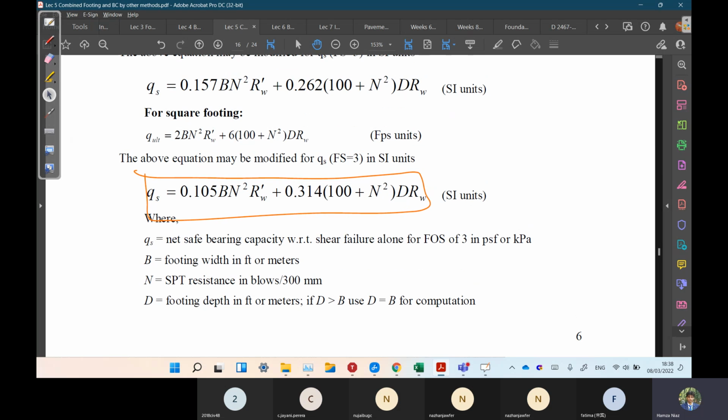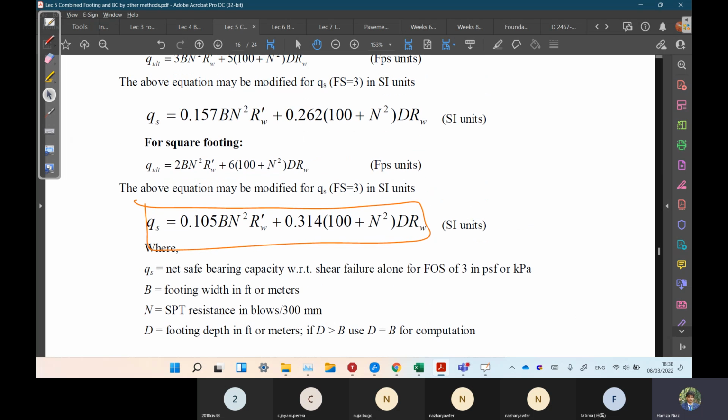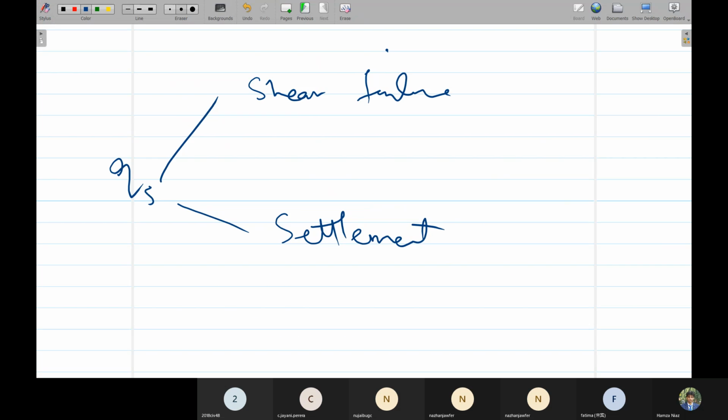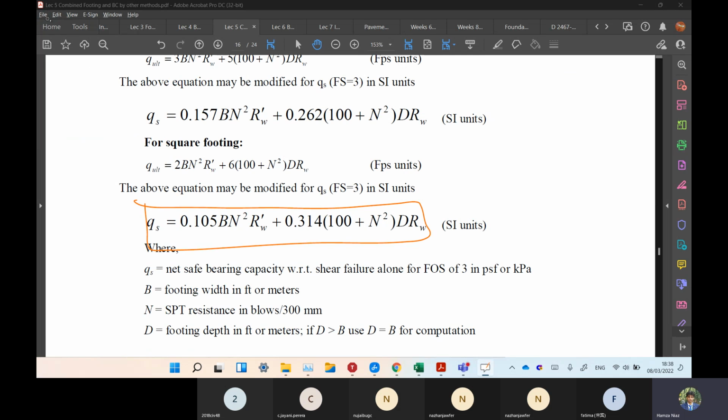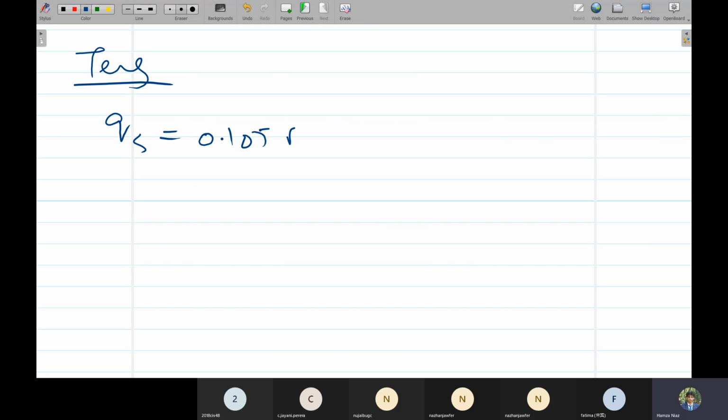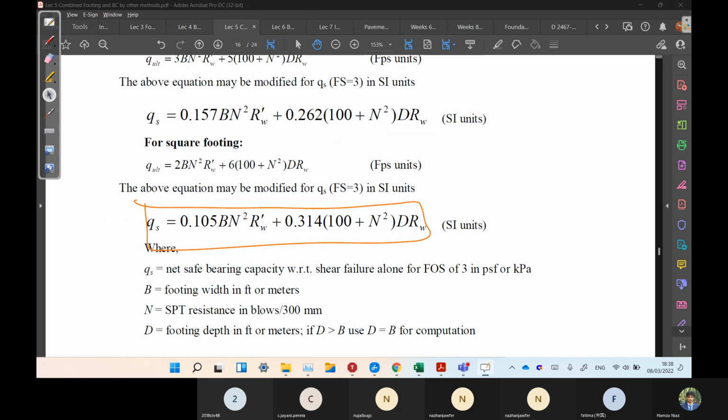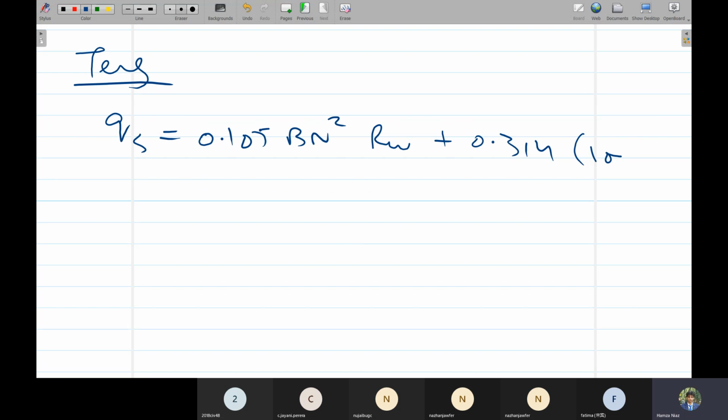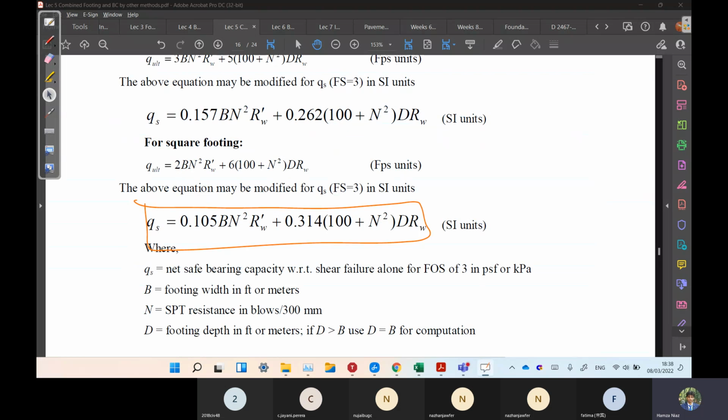So this Qs, this Q safe, the safe bearing capacity. This is Terzaghi's equation. So this is Qs equals 0.105 N B squared Rw' 0.314 ... 100 plus N squared ... Rw.